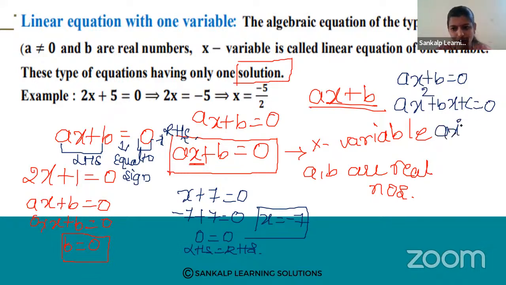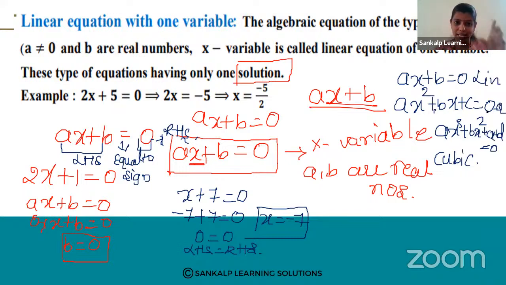Next, ax cube plus bx square plus cx plus d equal to 0, then it is a cubic equation. Right? So it is linear, it is quadratic, and if the highest power of the variable is 3, then it is called a cubic equation. Okay. Now these all are the standard forms of linear equation, quadratic equation, and cubic equation.